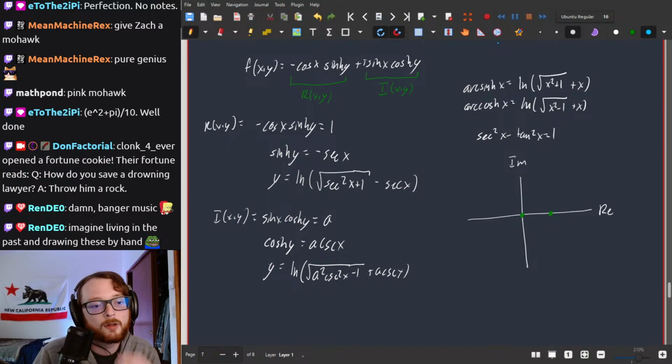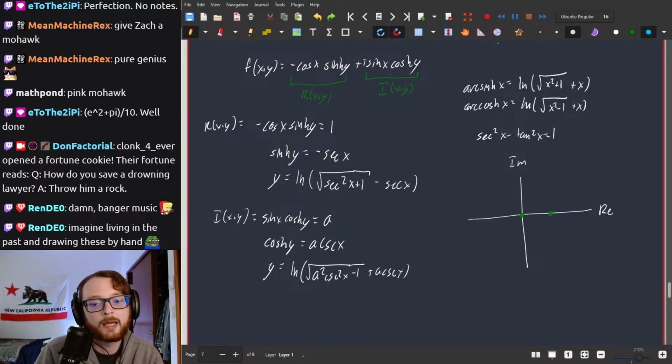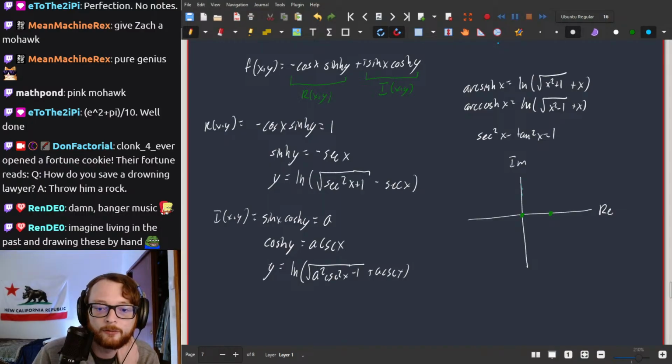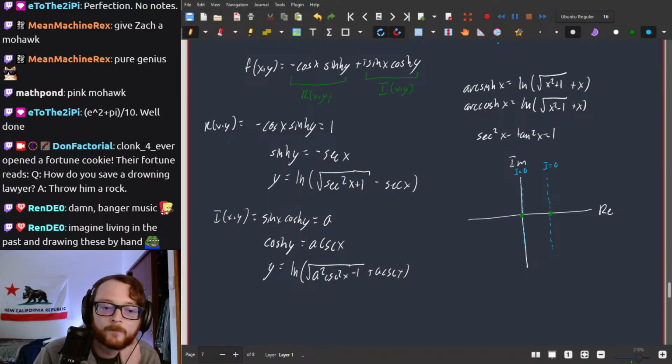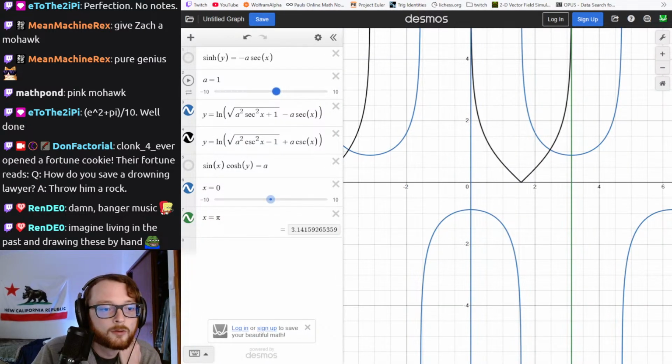Okay, so if the imaginary part equals 0, cosh is never 0. So we have vertical lines at each multiple of pi, and I'm only going to draw these two. And then if I equals 1, this is surely pi over 2, right?